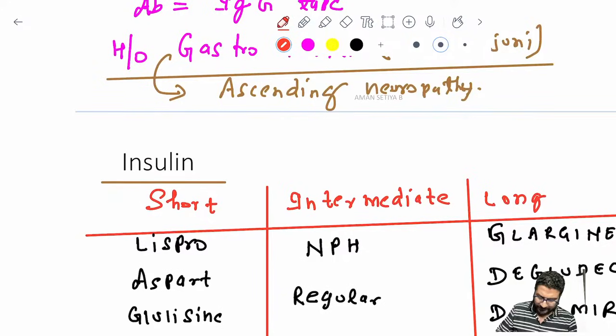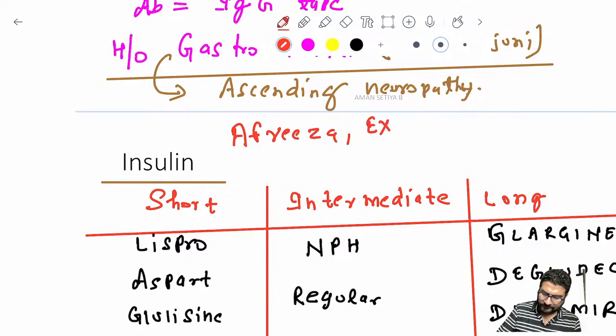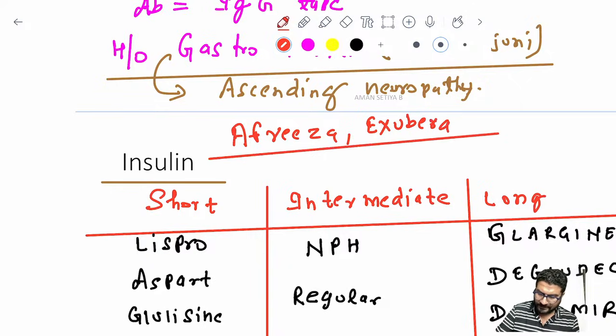Okay, coming to Afreza. So we have Afreza and Exubera. These are two inhalational insulins, meaning they come in powder form. But again, nobody will ask you these insulins.